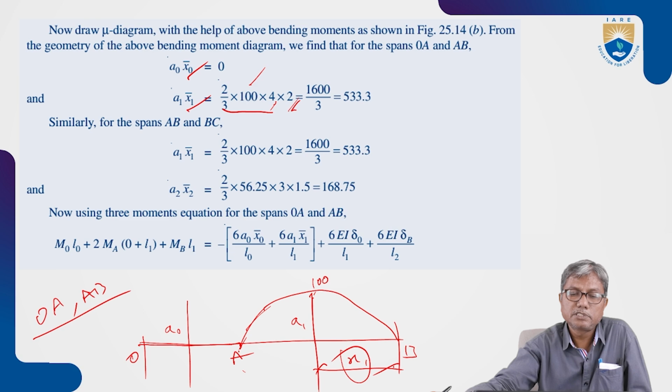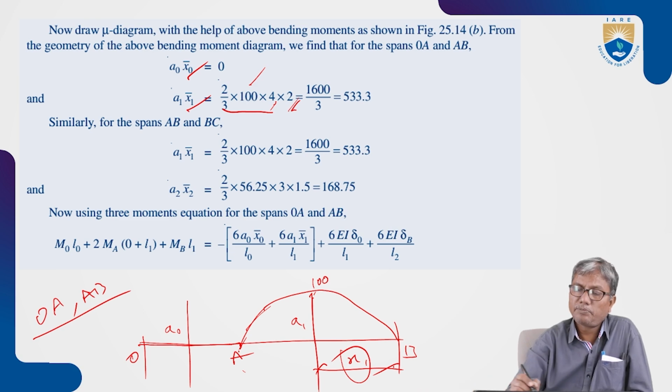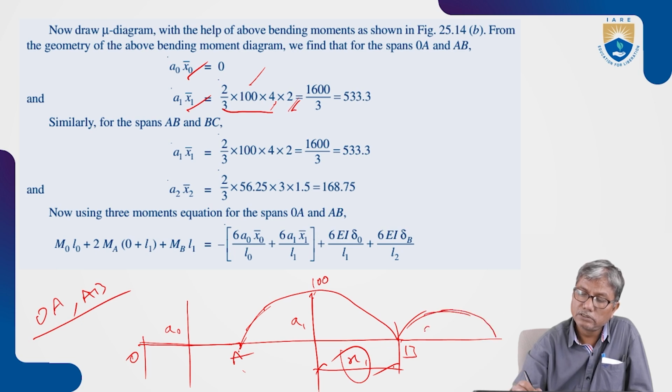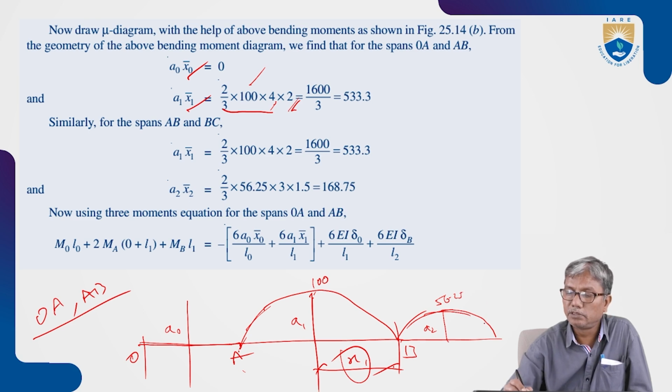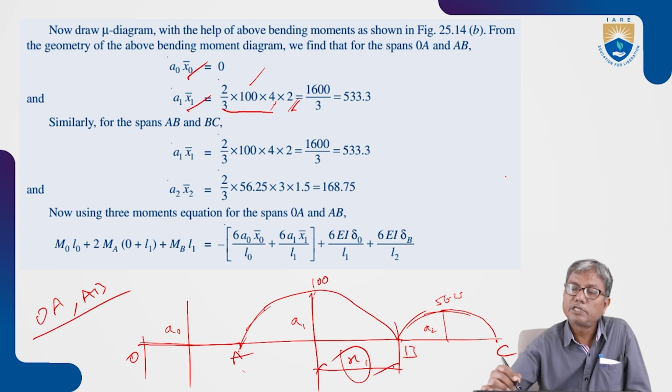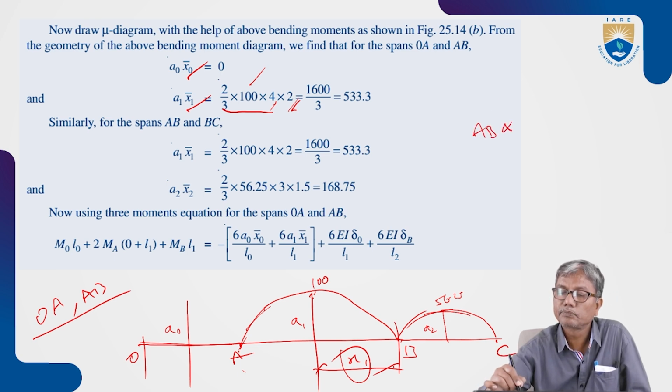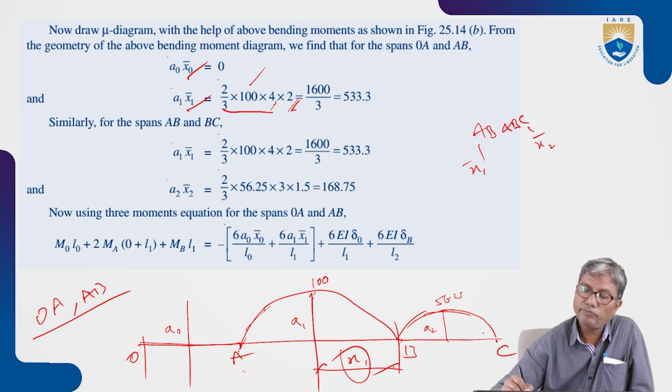And for spans AB and BC now. Here it is again a parabola with 56.25 as the bending moment coordinate at mid-span. So when you consider these two spans, AB and BC, x1 bar is measured from A and x2 bar is measured from C, the end supports.